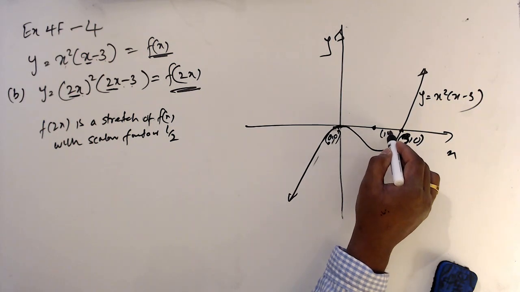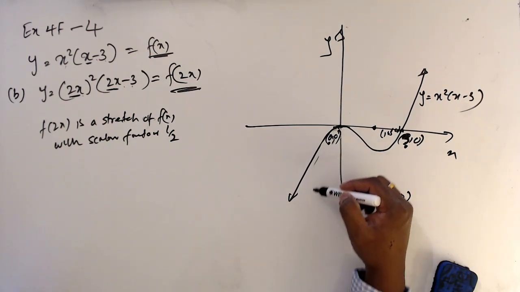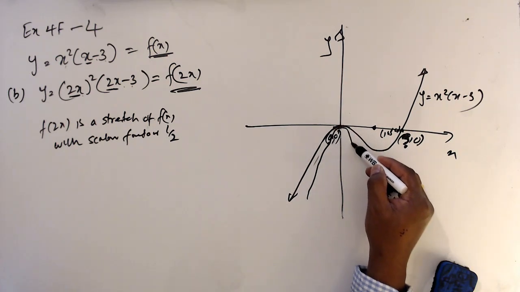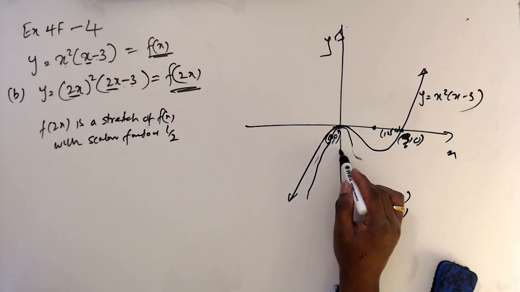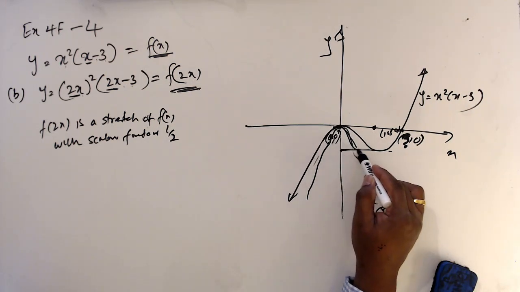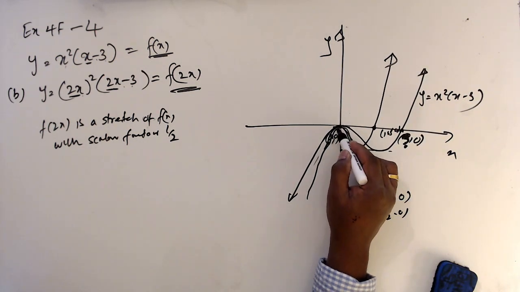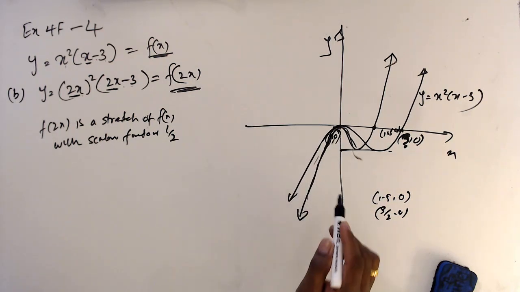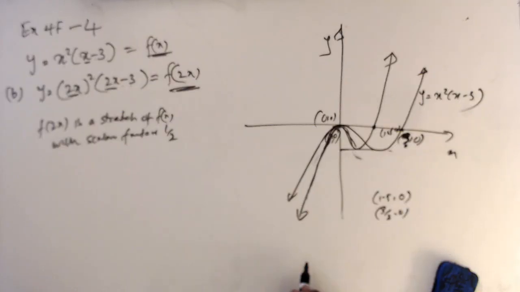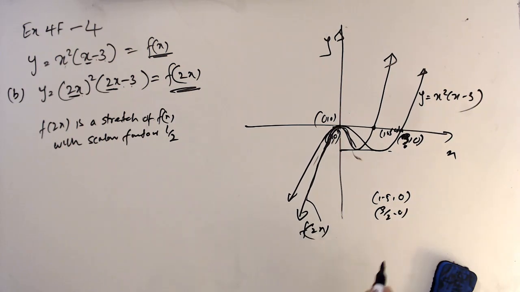Now this is 1.5, so the graph is going, the height has to be the same height. This is (0, 0). So this graph is f(2x).